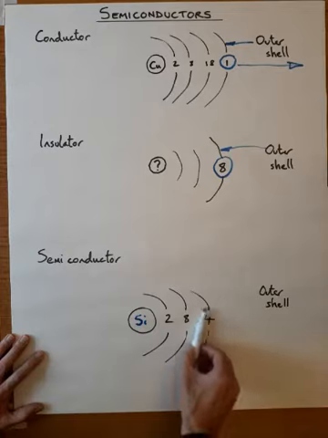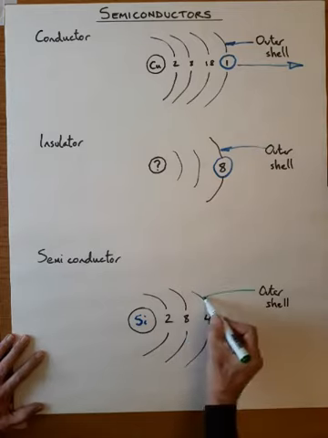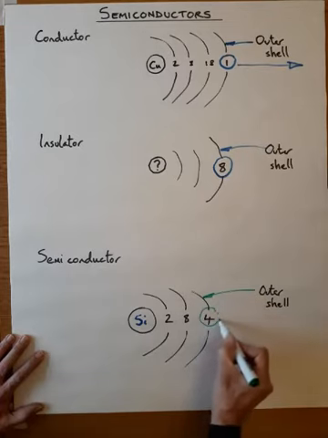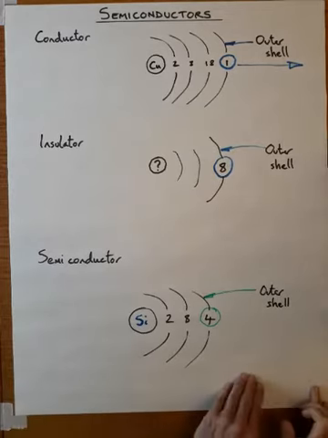So we would think because there isn't 8 electrons here, then this should be a conductor, and that would be perfectly reasonable. So the outer shell has 4 electrons, so we think it would be a conductor. But the fact is, it isn't. Let's look at that now.